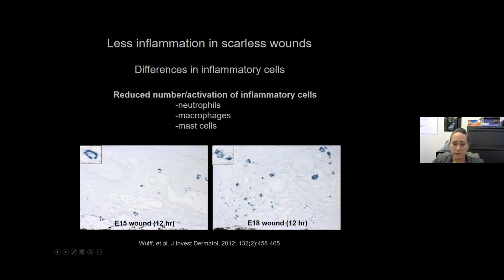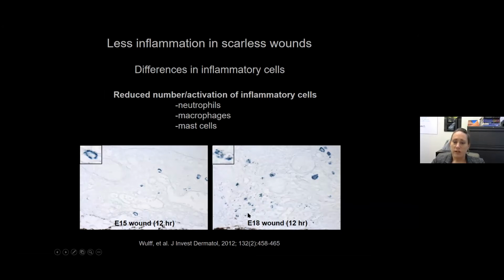These mast cells have now released those granules, which are these tiny blue dots here. Those are granules that are now in the extracellular space, and that's a sign of mast cell degranulation or activation. So there's more inflammatory cell activation in E18 wounds that heal with a scar.